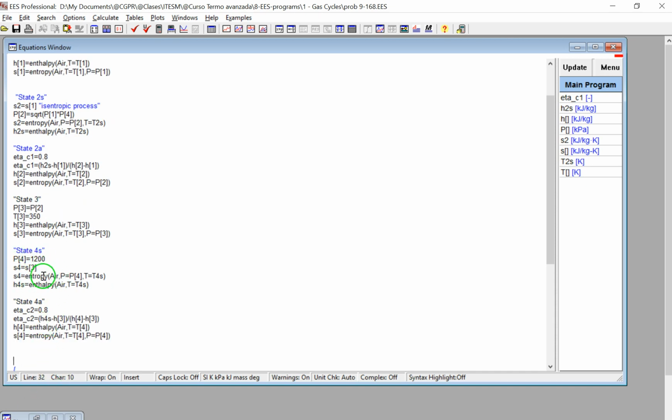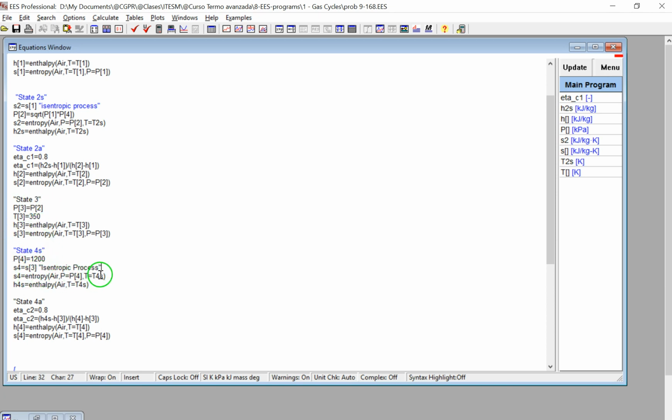Here I fully defined state 4s. Again, this part is the isentropic. I am defining here the isentropic process. I need to put marks so I can check it later on if I want.